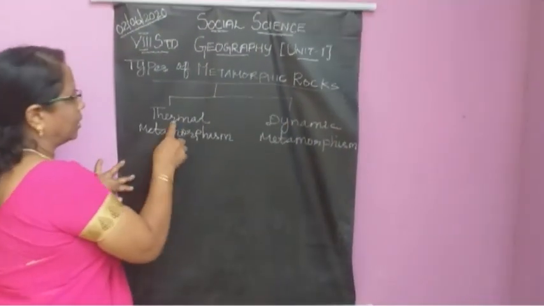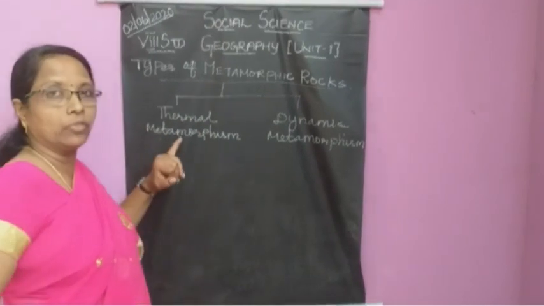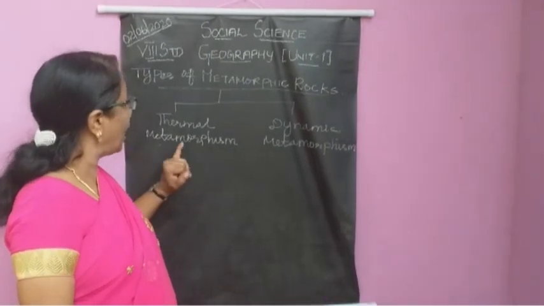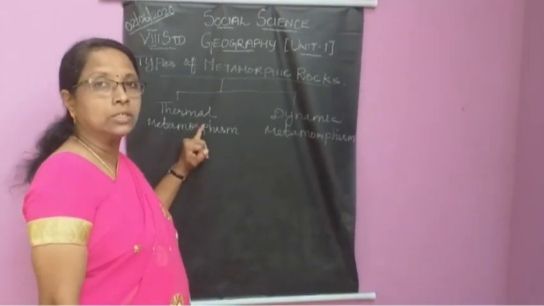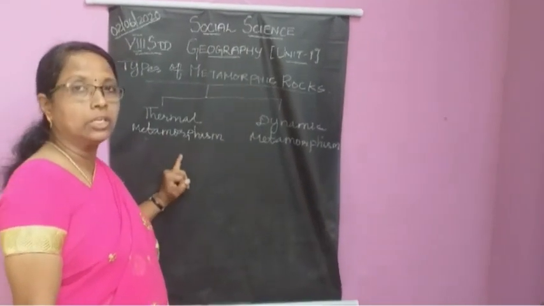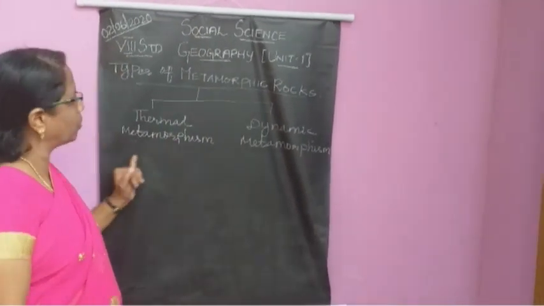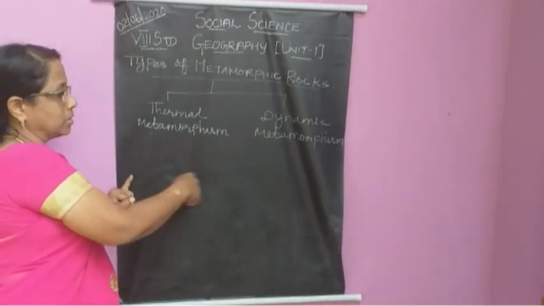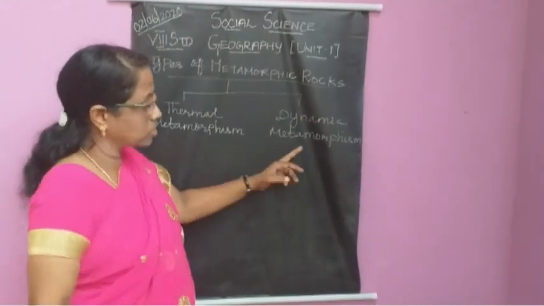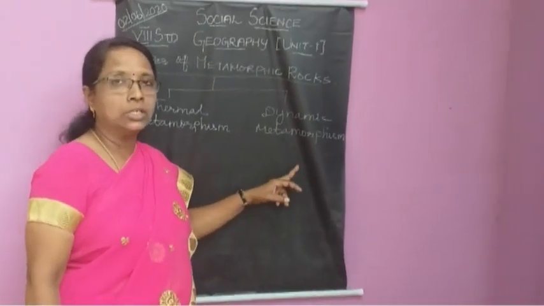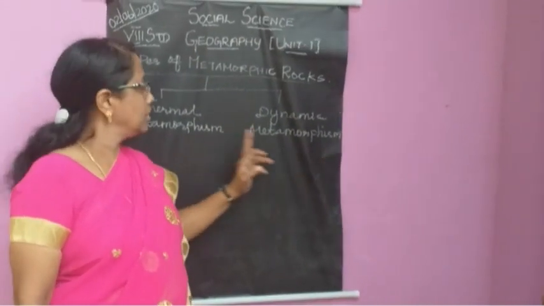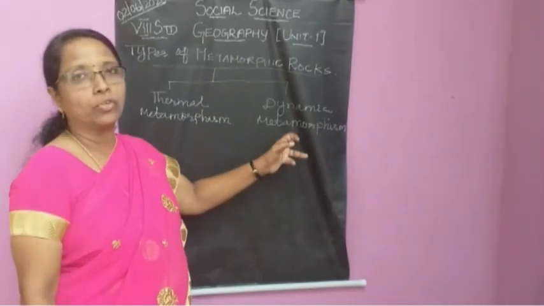From the word thermal itself we can identify that the change in the rock is caused mainly due to high temperature. Then the process is called thermal metamorphism. It is very easy. If the change in the rock is caused mainly due to high pressure, then the process is termed dynamic metamorphism. Clear? These are the two types of metamorphic rocks.